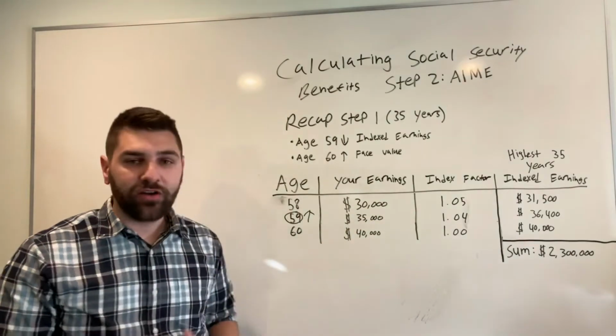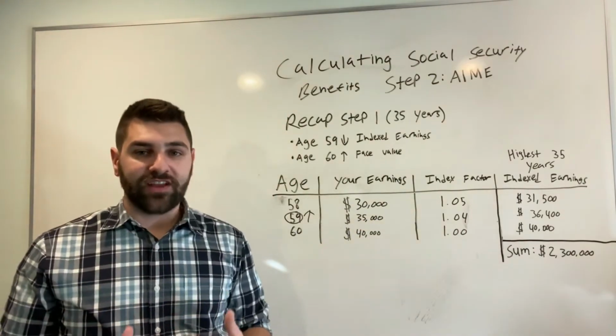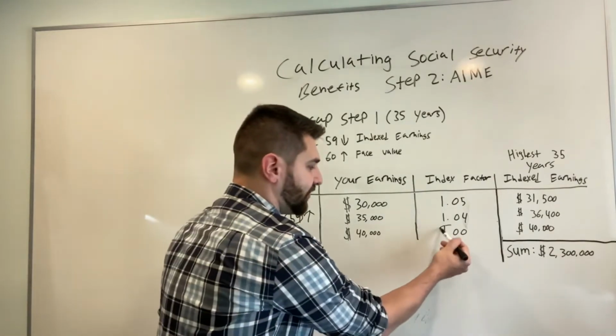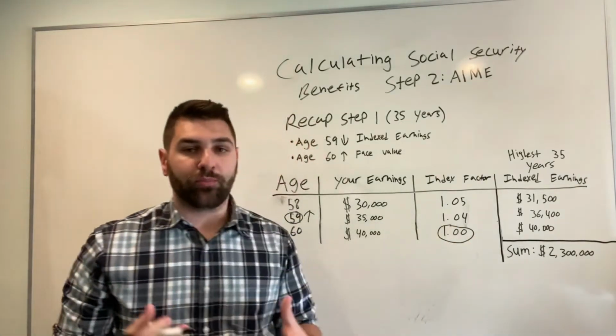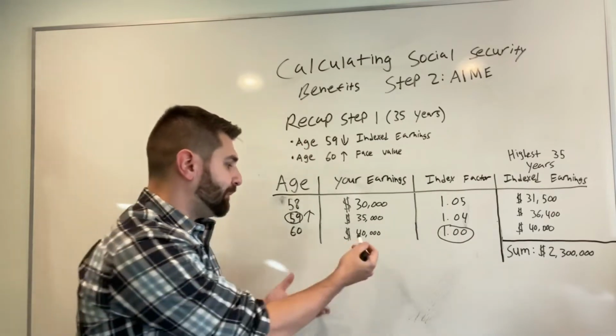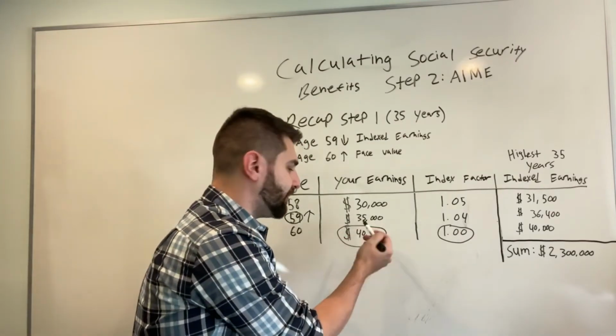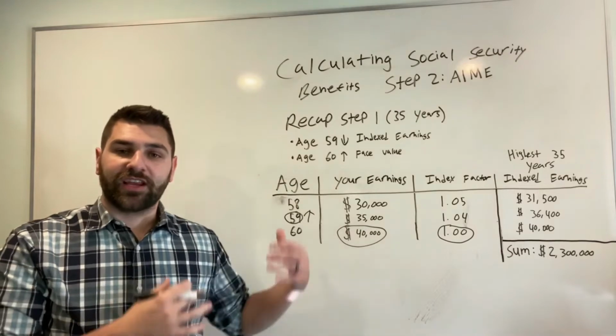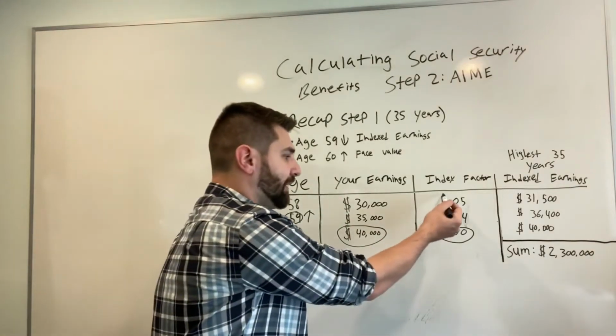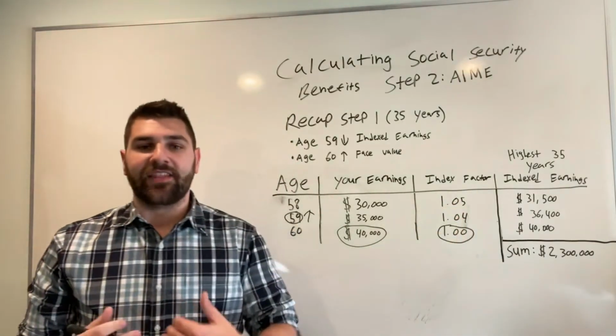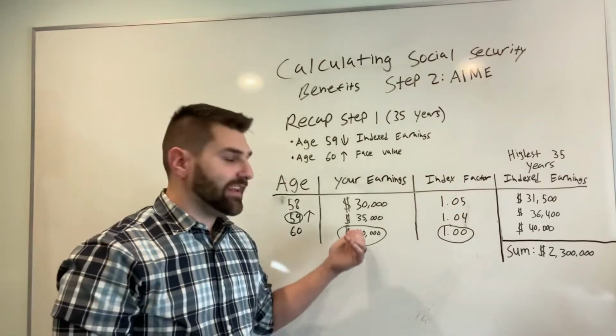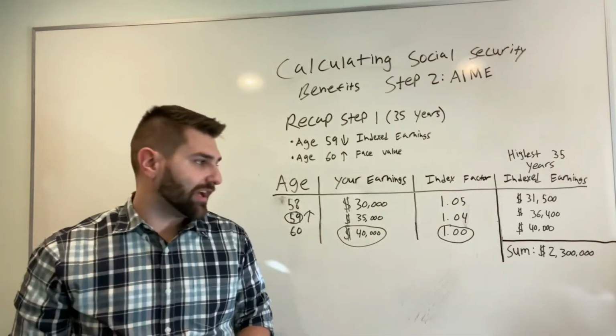Now, again, because age 60 and on is taken at face value, there's no more indexing. So the indexing factor is just 1.00, which multiplied by the amount you earned is just going to be that exact amount. So for 59 and before, you're going to multiply by the indexing factor for that year, and then for age 60 and on, it's simply going to be the exact amount you actually earned, okay?